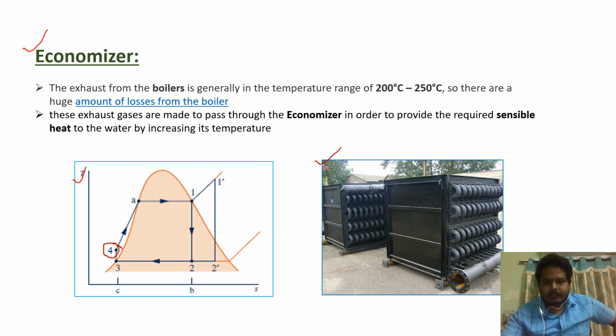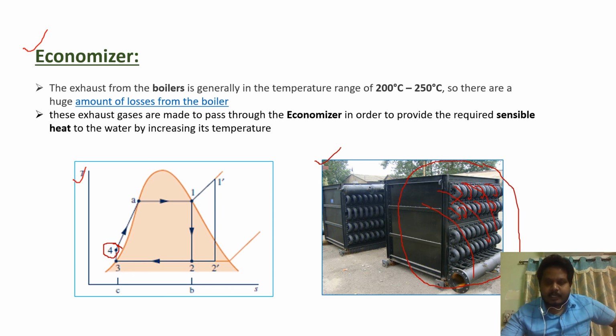Here you can see the economizer looks like this. It has a number of tubes through which the water will flow. Okay, this setup is kept near the grate so that the hot gases will flow over the tubes, over the economizer, so that the water inside the tubes will be preheated.